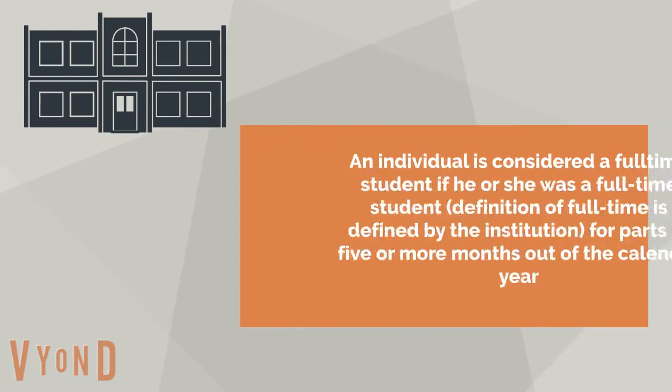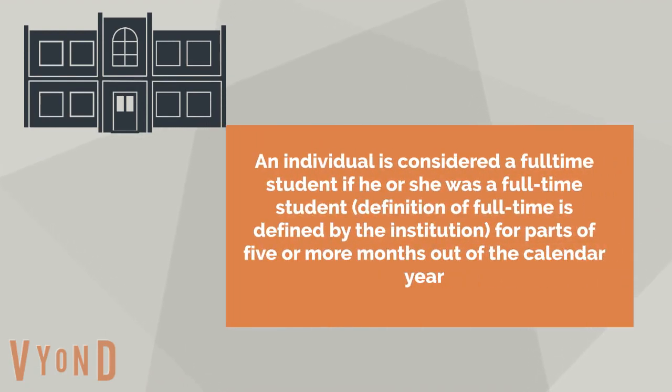An individual is considered a full-time student if he or she was a full-time student for parts of 5 or more months out of the calendar year, and the institution is responsible for defining what a full-time student is.